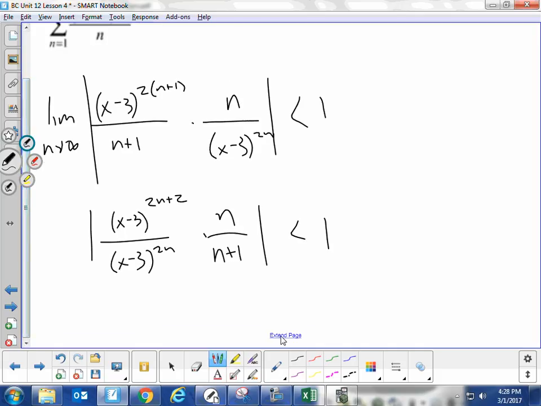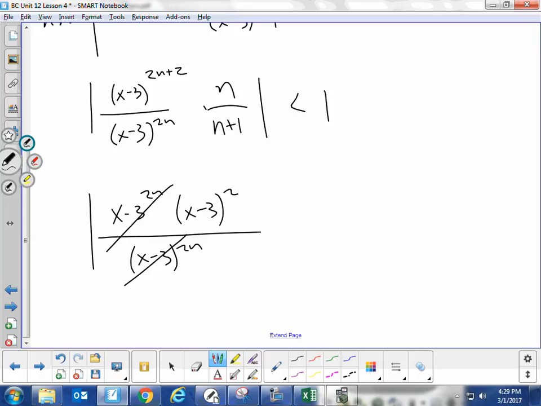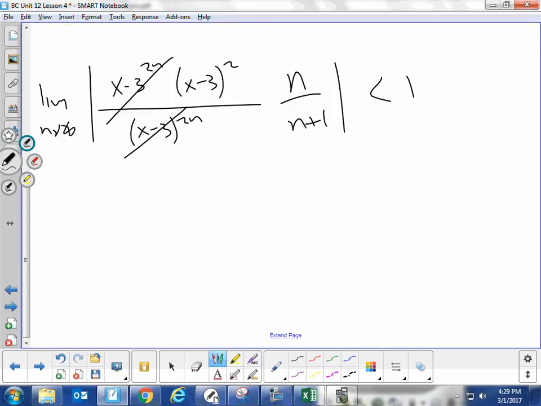And again, I would have (x minus 3) to the 2n times (x minus 3) squared. This would cancel with this (x minus 3) to the 2n. Over here, as we approach infinity, this would trend to 1. So I end up with the absolute value of (x minus 3) squared has to be less than 1.